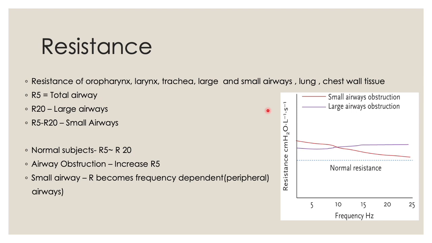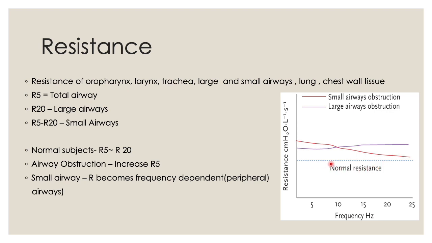Now when we are measuring resistance of the total airway and the resistance of large airway, we deduce a resistance of small airway. Normally in a healthy adult, whether this frequency is 5 or the frequency generated is 20, you will not see any change in the resistance, because the airways are normal.